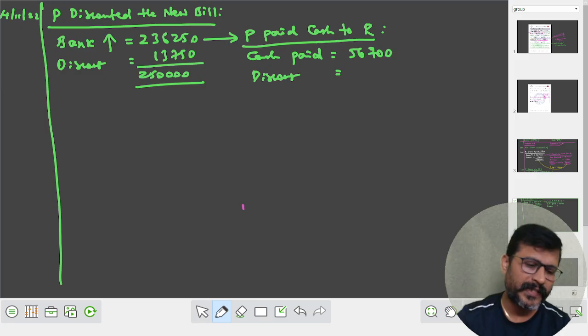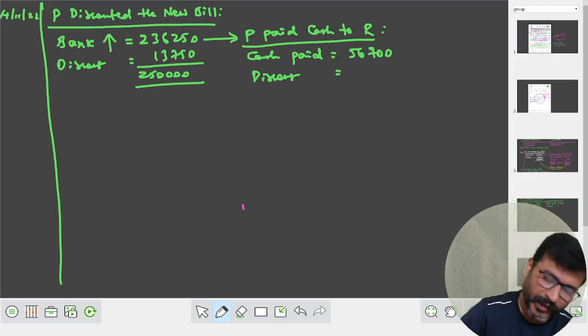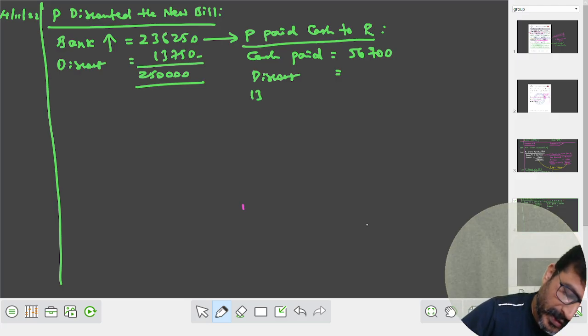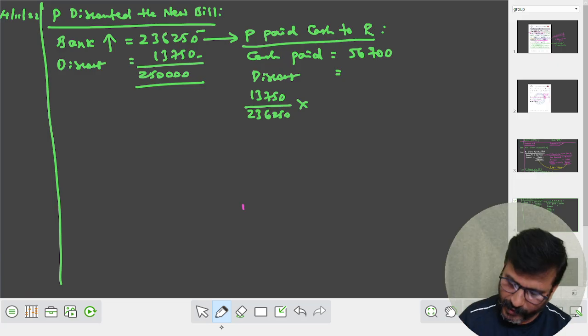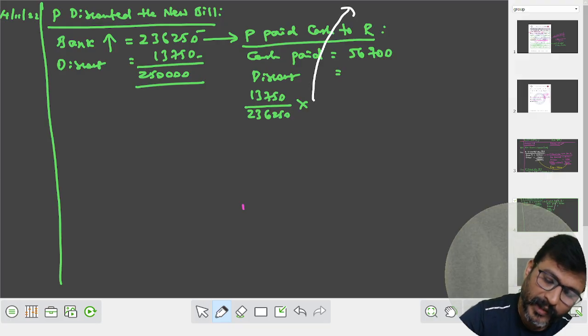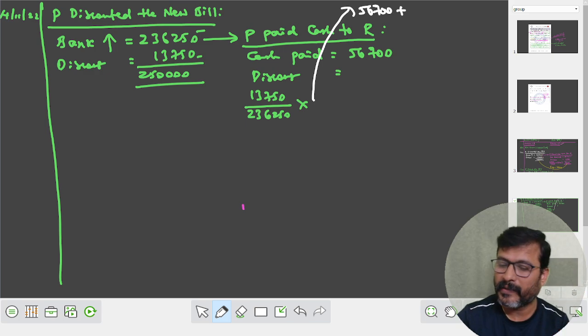Now the question arises, how to work out this discount? Very simple logic. I used to tell you, take this 13,750 divided by 2,36,250 into. We have to take two things here. What we have to take? I tell you by taking one dragging line. 56,700 plus.